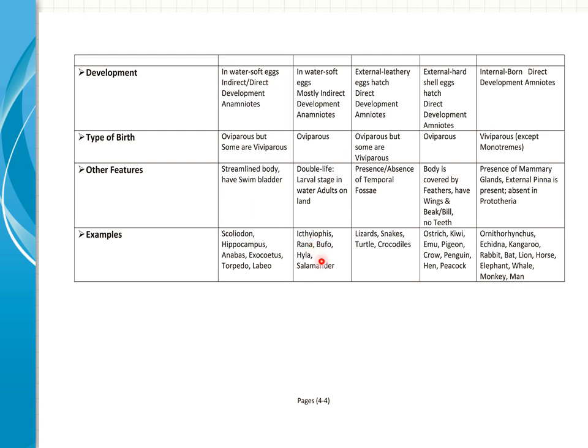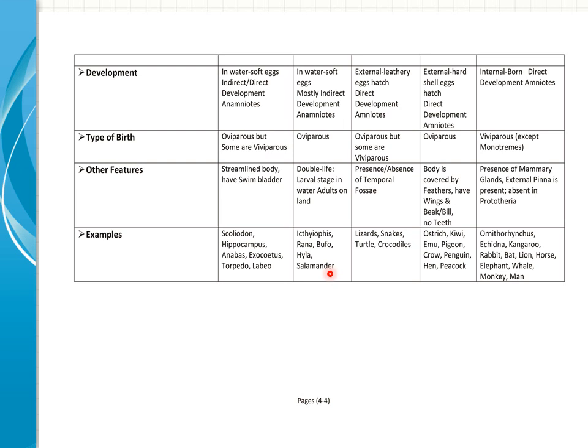Coming to class Amphibia, here I have covered examples from all the three orders of class Amphibia: Apoda, Anura, and Urodela. From Apoda we have Ichthyophis, which is an example of parental care. We have Rana, the common frog, Bufo, the toad, Hyla, and Salamander.